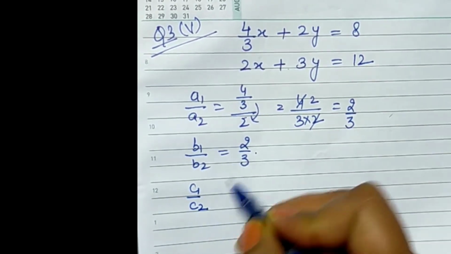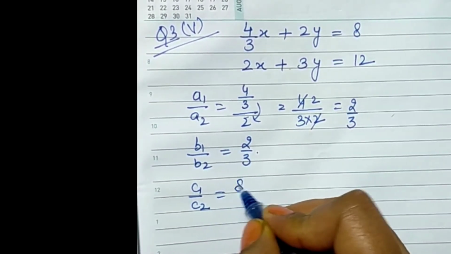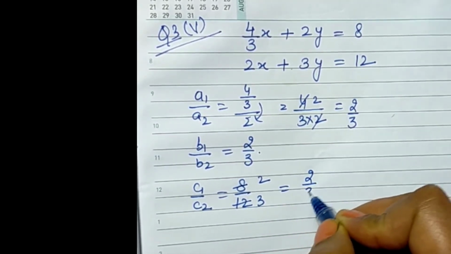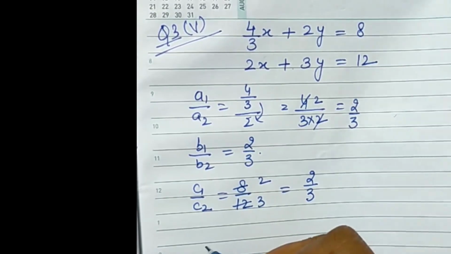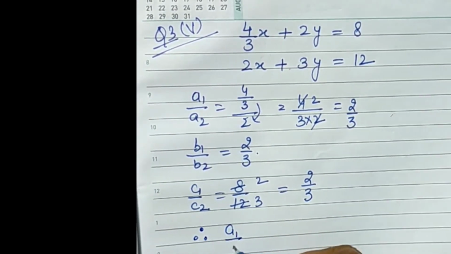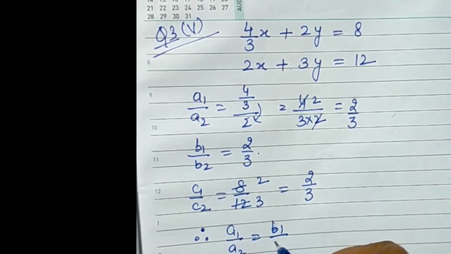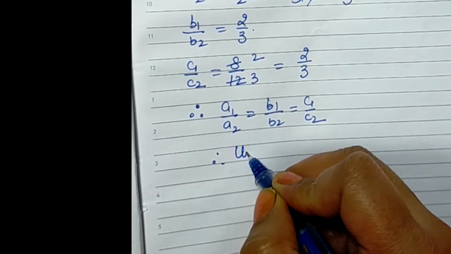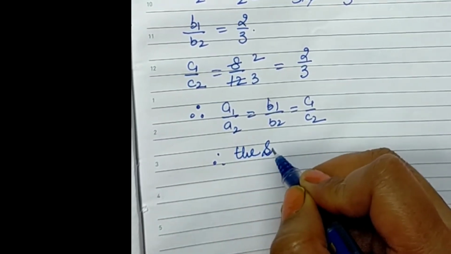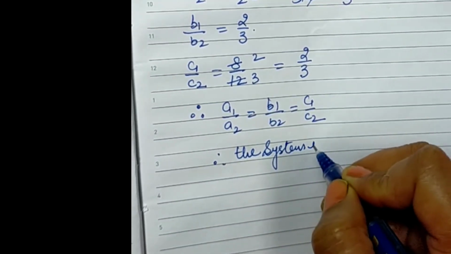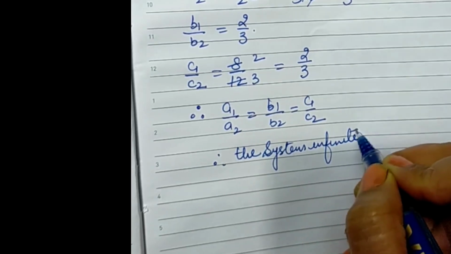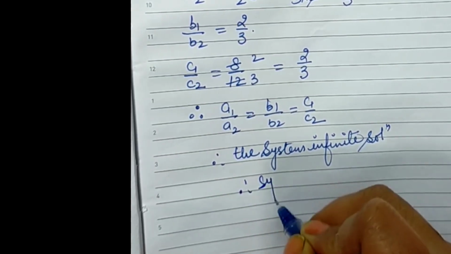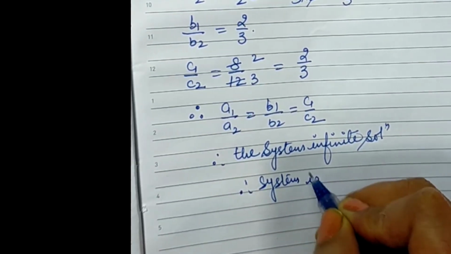C1 over C2, 8 by 12. So it also gives us 2 by 3. So therefore you can see all the ratios are again equal. Therefore the system has infinite solutions. Hence the system is consistent.